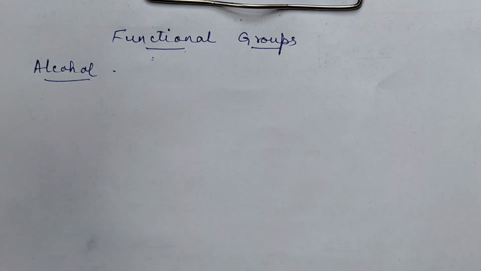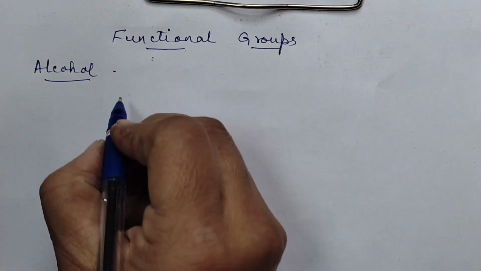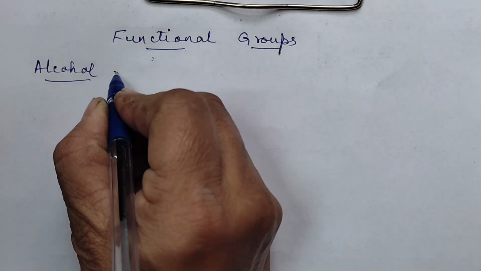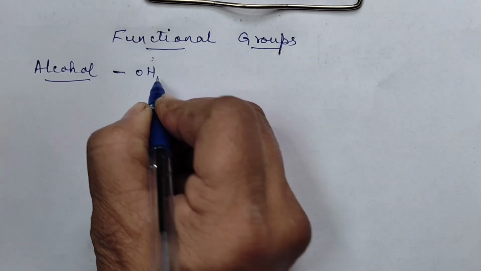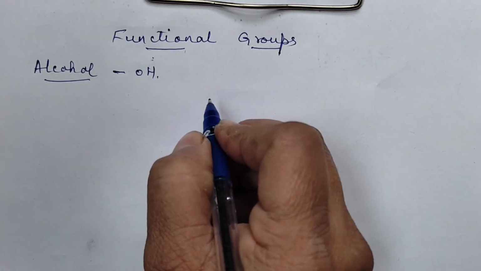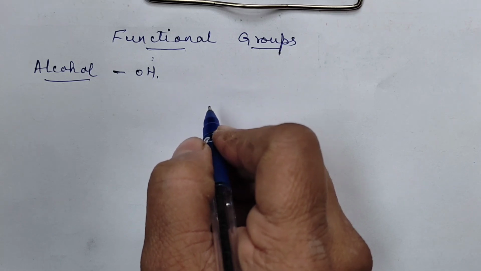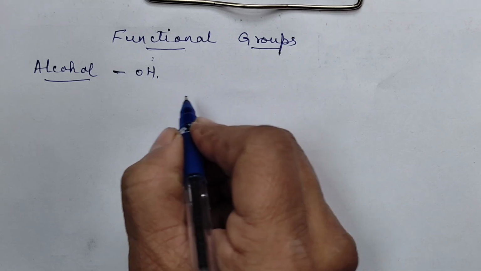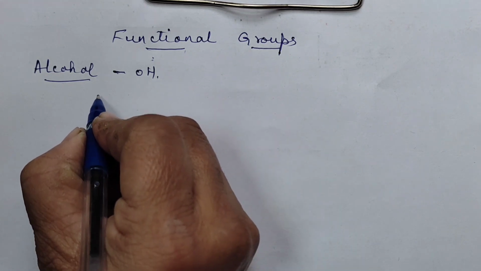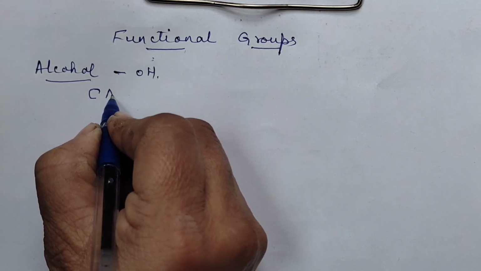Actually, for each one there are 2, but for one or two functional groups there is only one test. So functional group alcohol. Alcohol is OH. It's actually acidic, but that we do not perform because even carboxylic acid is acidic. Phenol is also acidic. So the test which you can perform for this is the CAN test.